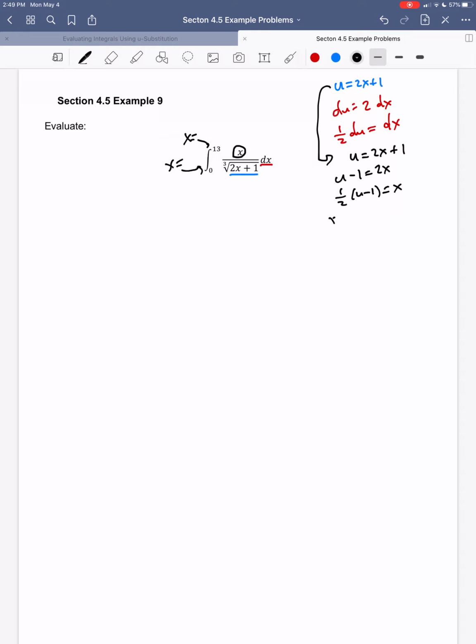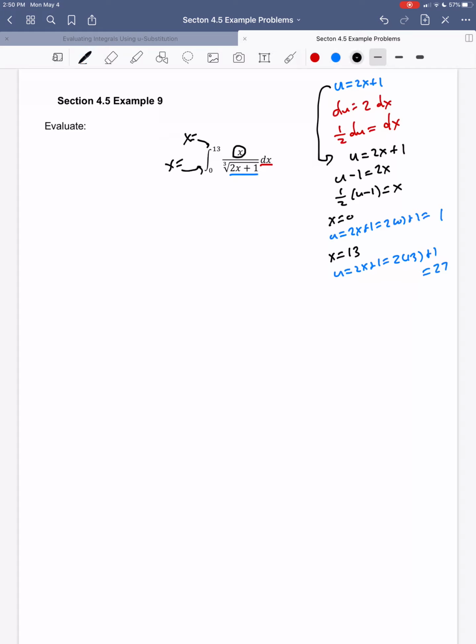So I have x equals 0, but then u would be 2x plus 1 would just be 1. And if x is 13, u would be 2x plus 1, which would be 2 times 13 plus 1, which would be 27.